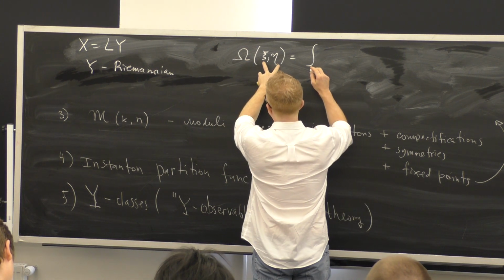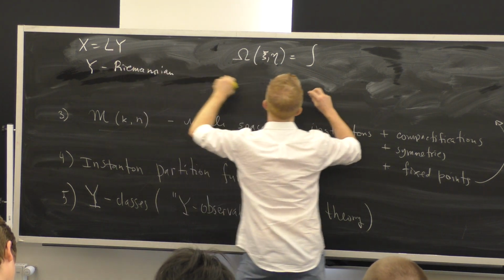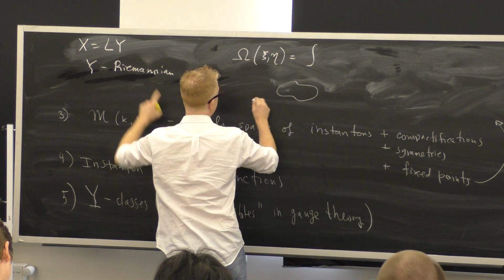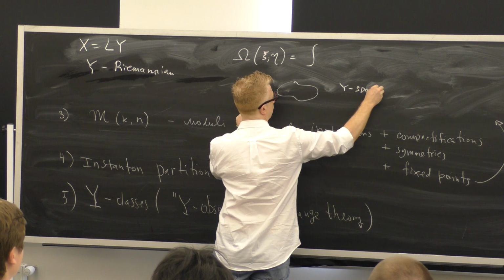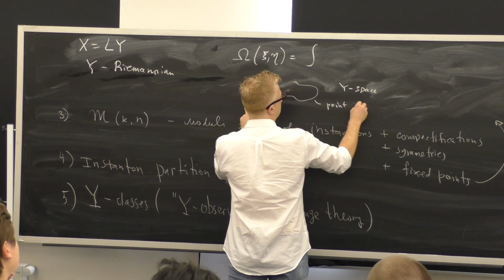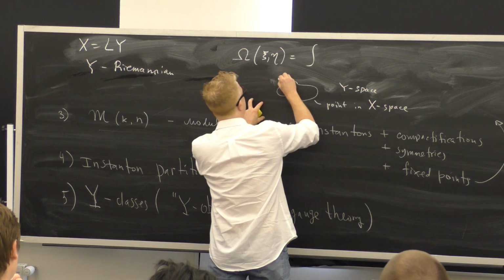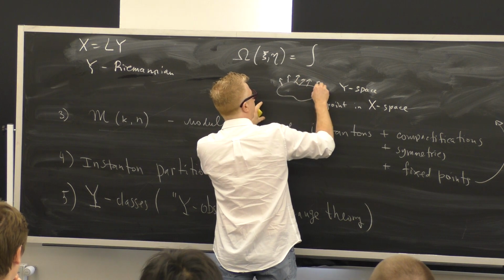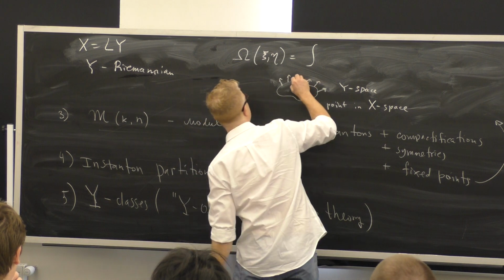So it's a two form on the tangent space to the loop space, and the points of space X are loops in Y. So this is a point in X space. And the tangent vectors to X are vector fields which are tangent to Y, defined only along the loop.